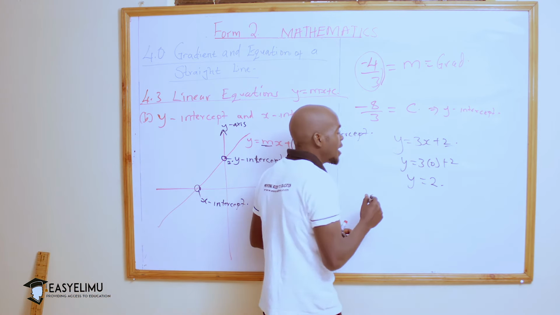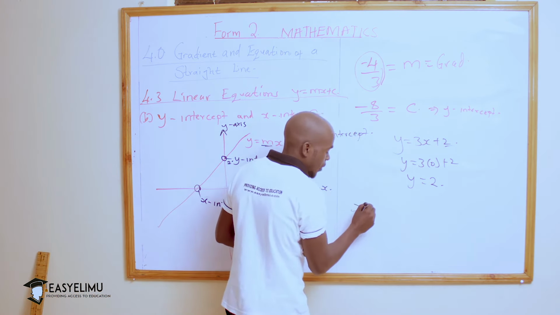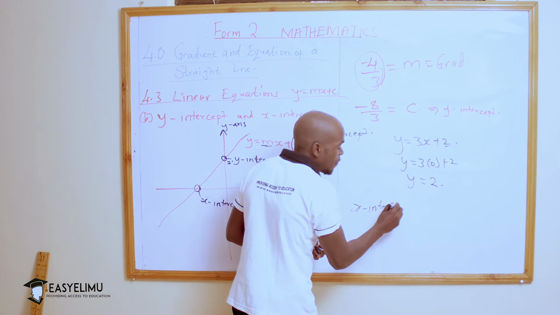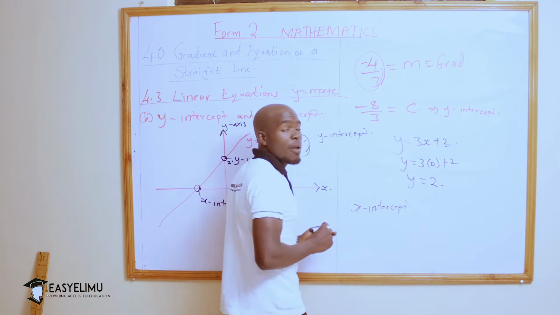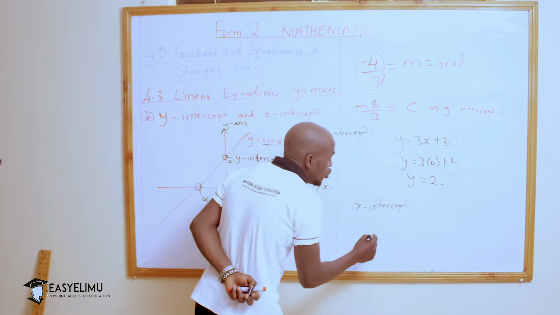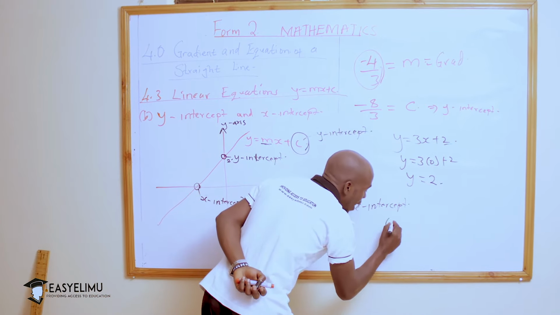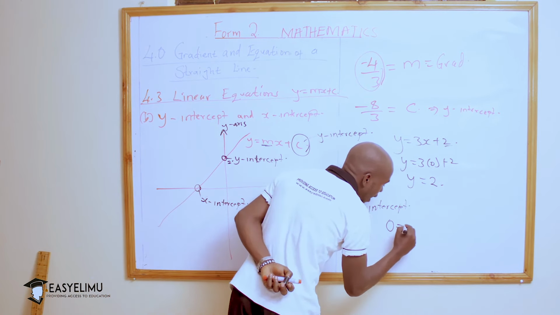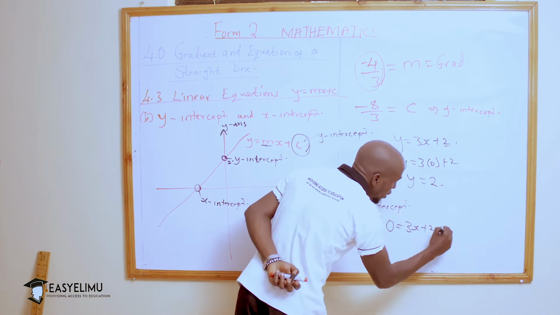But if you want to find the x-intercept, it can be found by replacing the value of y by 0. So where y is, you place 0, and 3x plus 2 will remain.